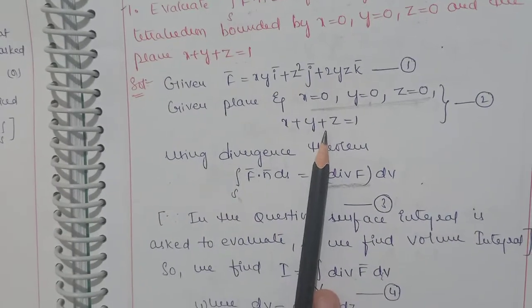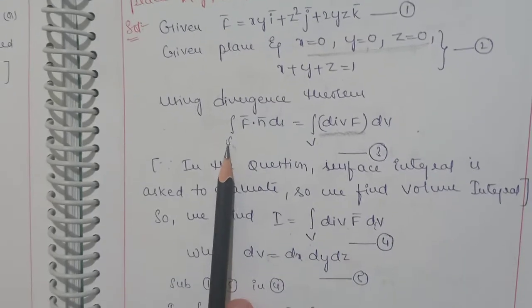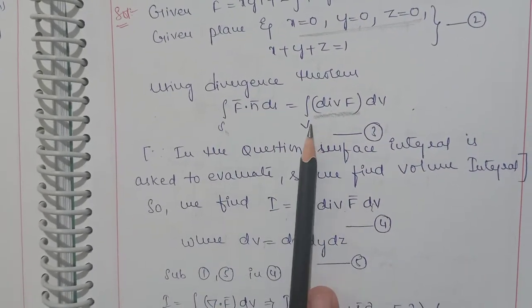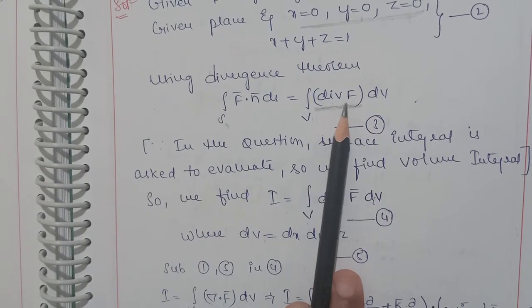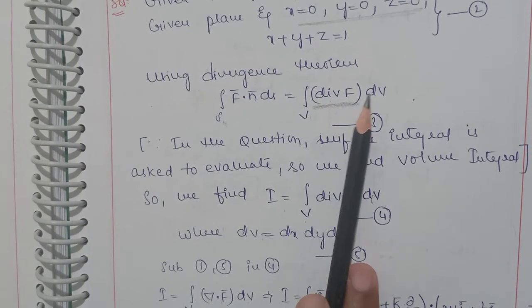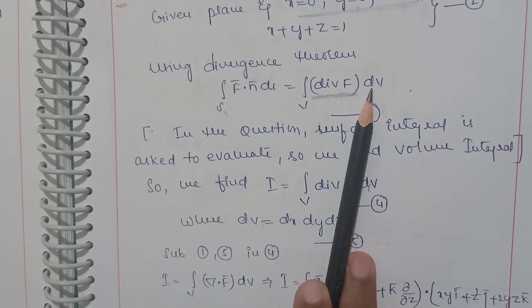Now using our divergence theorem, which is given by surface integral f bar dot n bar ds is equal to volume integral div f dv. So div f is nothing but you are going to find out del dot f bar here. Then you are going to substitute volume integral dv as dx, dy, dz.